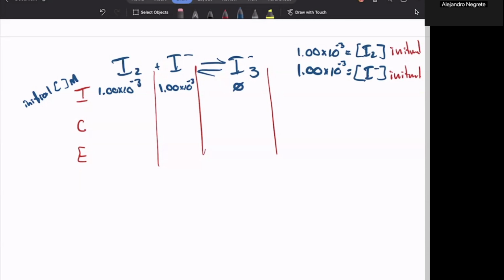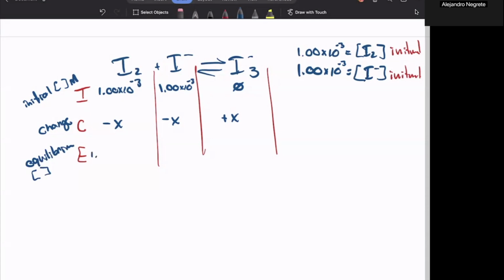So what change are we making here? Well, we don't know what change we're making yet. So this is where that X value is going to come in, right? So our change, C for change, is that this is minus X, this is minus X, and this is plus X. And in order to figure out what the equilibrium concentration is, we're going to put these two together.